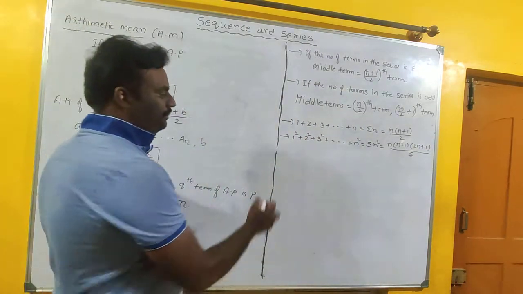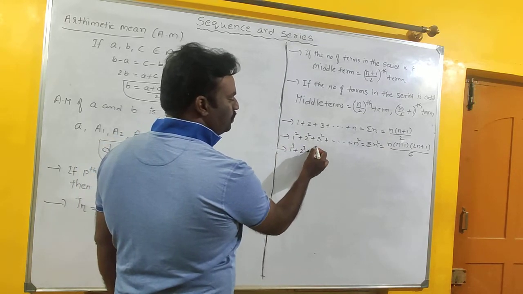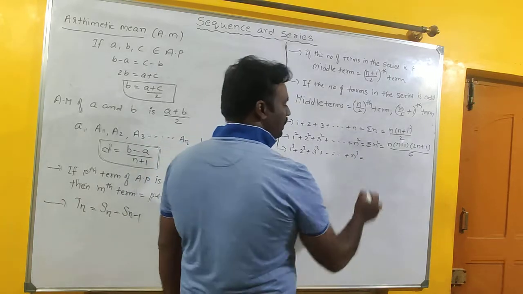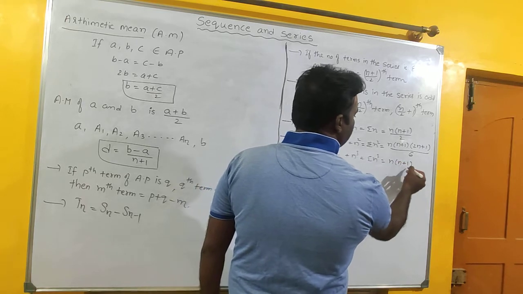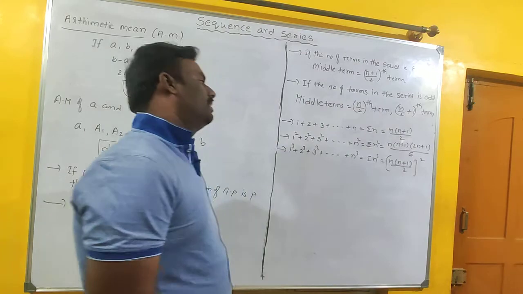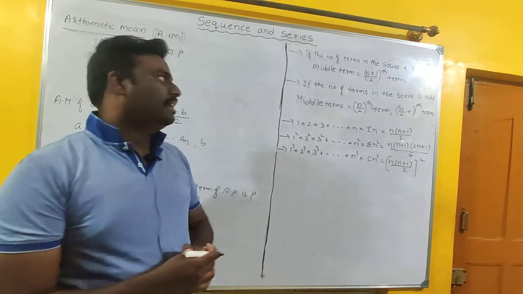Next formula, the cubes of natural numbers 1 cube plus 2 cube plus 3 cube and so on, n cube, that is sigma n cube. The formula is n into n plus 1 by 2 whole square. This is the formula for the sum of cubes of the first n natural numbers.